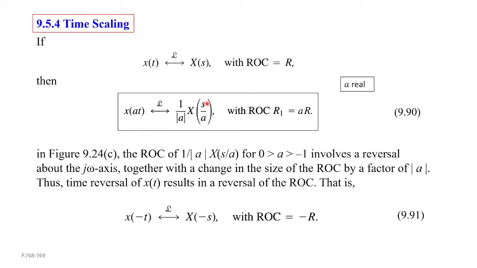As a special case, if you do time reversal, plug in a as -1, and you get negative frequency, and your ROC gets a negative sign. It's like flipping your ROC left and right, because it's a strip.